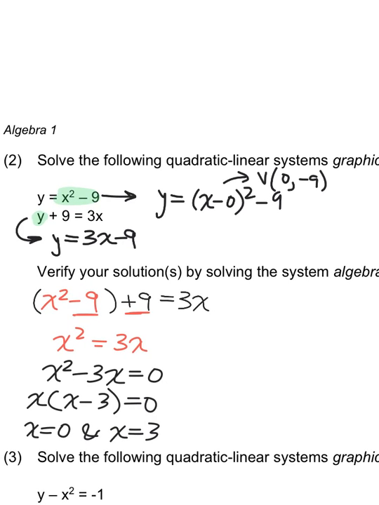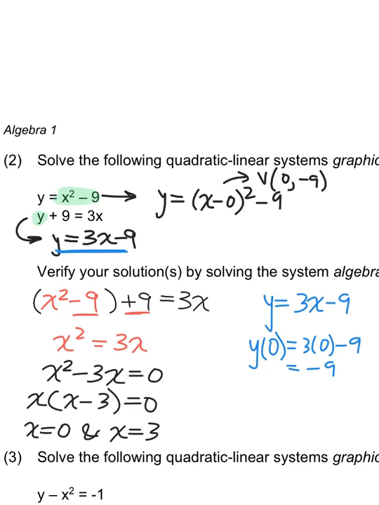But again, I can be a little sneaky and use some information that we figured out in the first part of the problem. 3x minus 9 is what y is equivalent to. So I'm going to figure out y of 0, replacing each of the x values, or in this case only one x value, with a 0, and I get a negative 9. And then figure out y of 3, same deal.